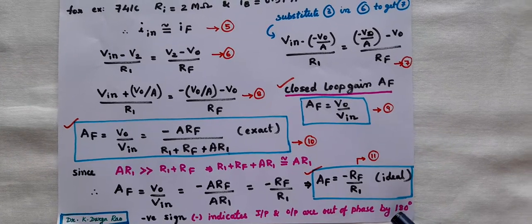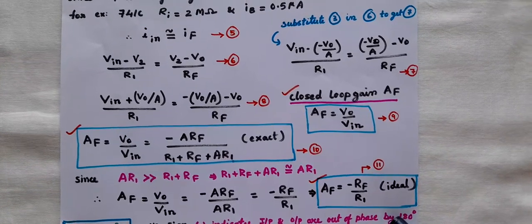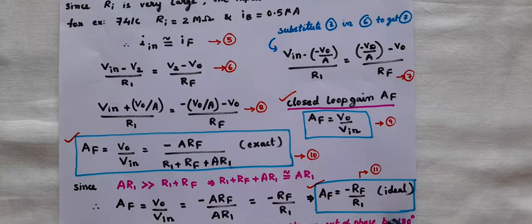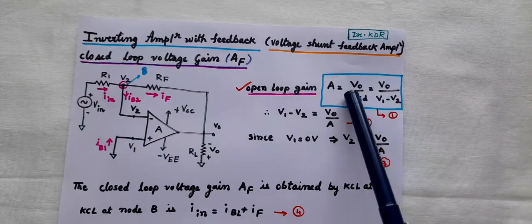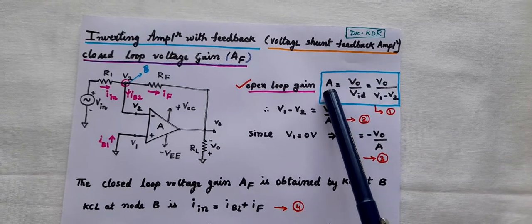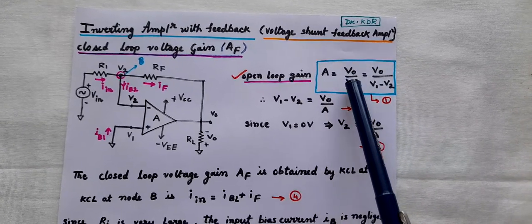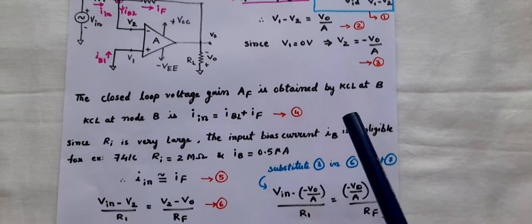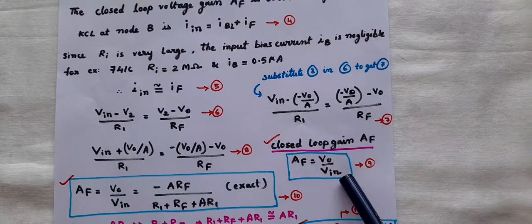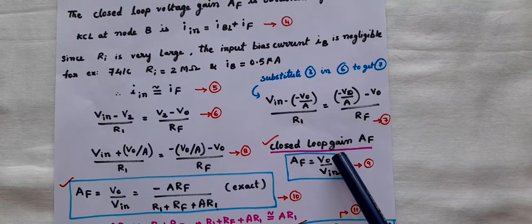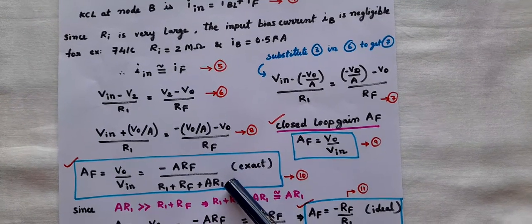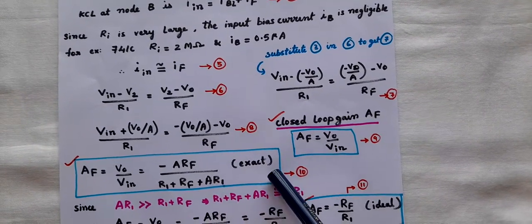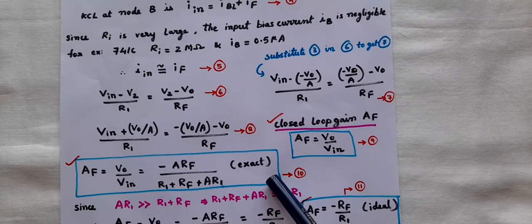Before closing the video, I would like to summarize the important equations here. One is the open loop gain, capital A, which is equal to V naught by VID. Closed loop gain AF, V naught by V in, which comes out as minus A RF by R1 plus RF plus A R1, the exact equation.